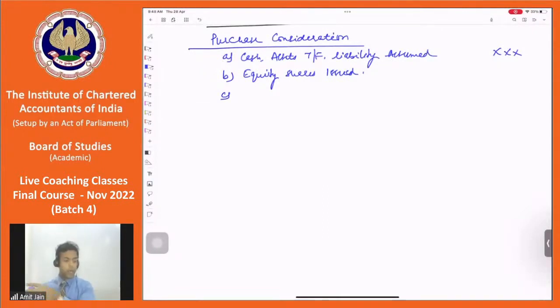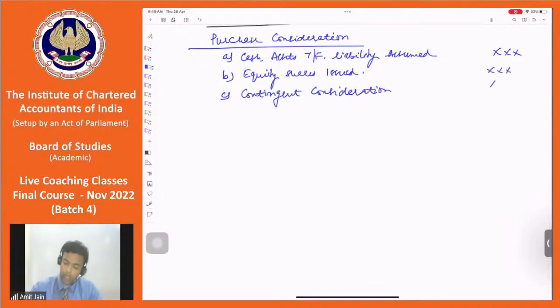One person is asking, Sairam is asking, research cost is also to be recognized as an intangible under Ind-AS 38. So research cost is not recognized as an intangible. Research cost is always to be charged to P&L, but development cost will be recognized as an intangible under Ind-AS 38. Contingent consideration, correct?